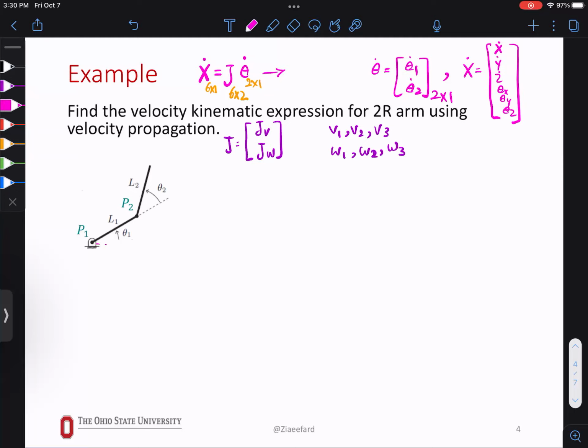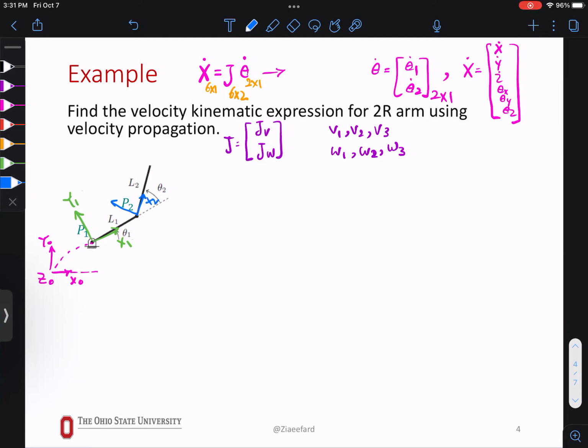So first of all, these are my axes. This is x0, y0, because I know this is my z0. That's my fixed frame. And then I'm going to show my axes in this direction, so it makes sense because it's rotated. And this one also rotated.